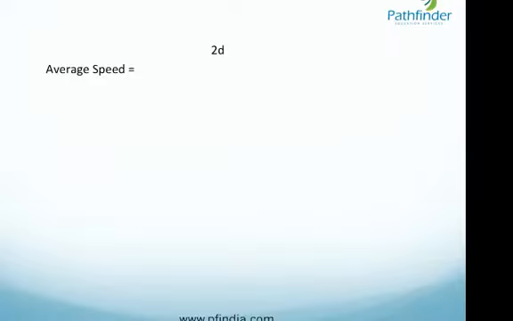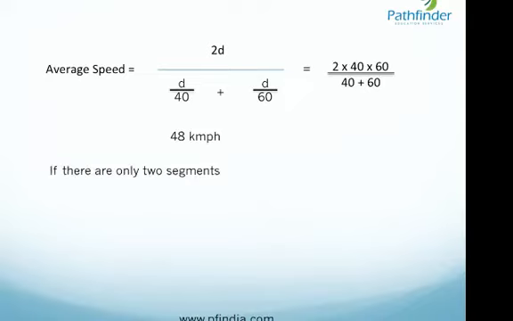So how do we calculate the average speed? Average speed is equal to the total distance twice of d divided by the total time. Time for the first segment is d by 40 plus time for the second segment we've all calculated before is d by 60. On solving this simple equation, we will get average speed is equal to 48 km per hour.